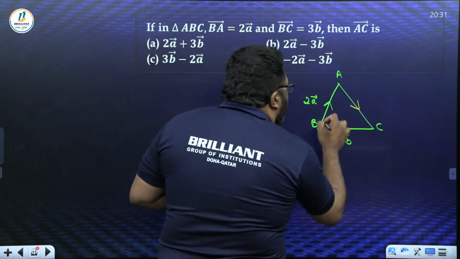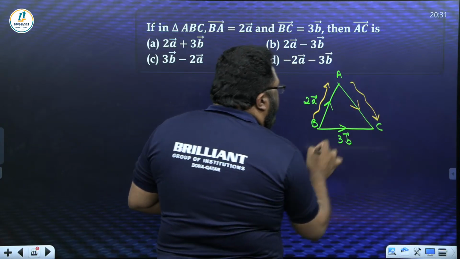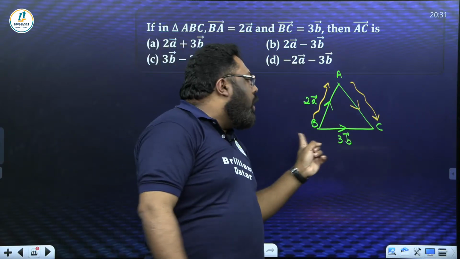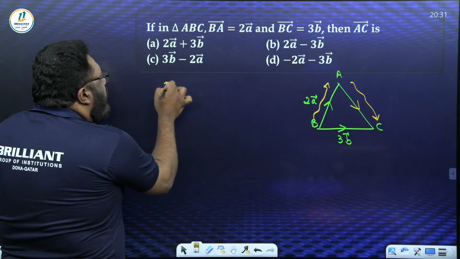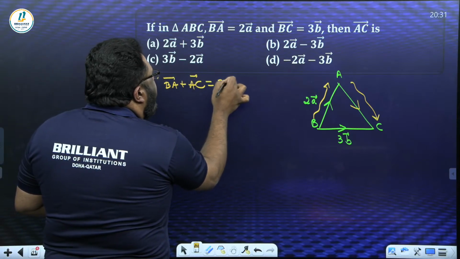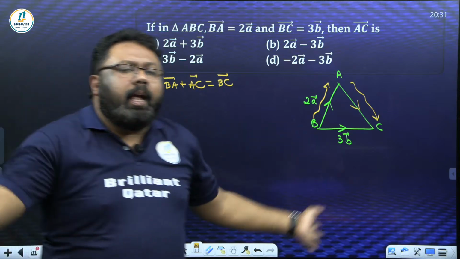The two vectors going in the same order are BA and AC, BAC. And the vector going in the opposite order is BC. So can I say BA plus AC equals BC? Yes, the law is very simple. This law can be applied everywhere.